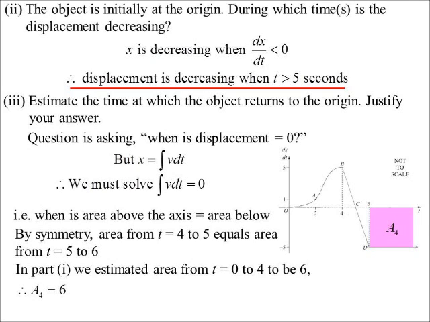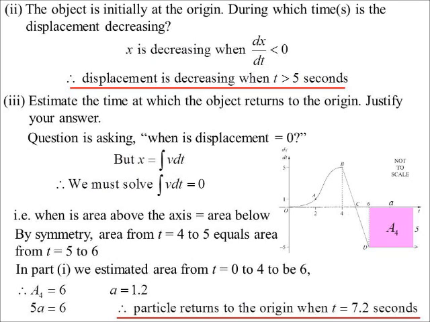So area 4, I've called it. I know the height of that rectangle is 5, so 5a will equal 6, which is about 1.2. So another 1.2 seconds gets us to 7.2 seconds. The area above will roughly be the same as the area below.